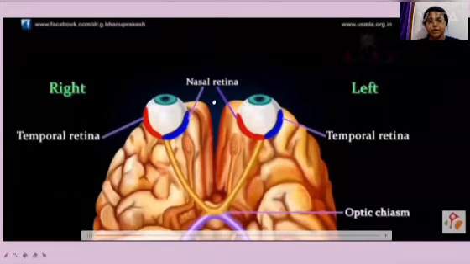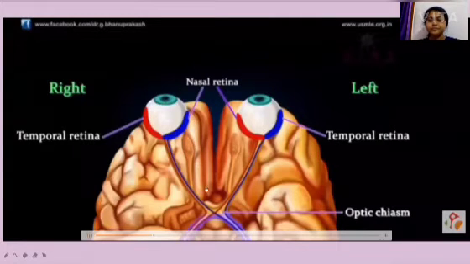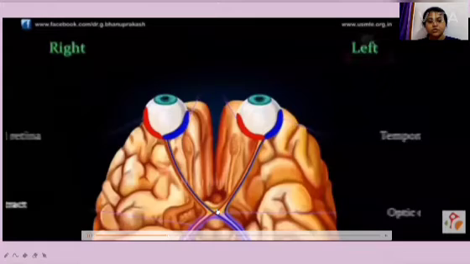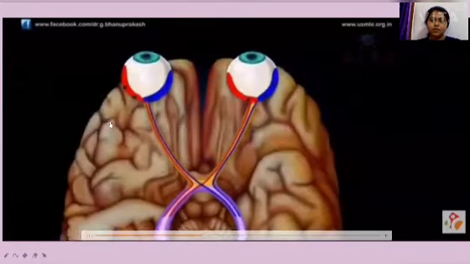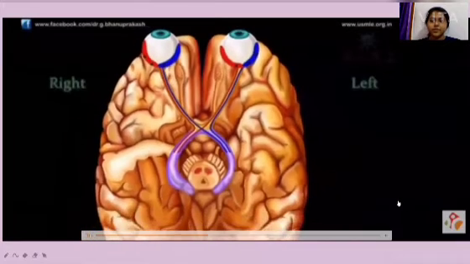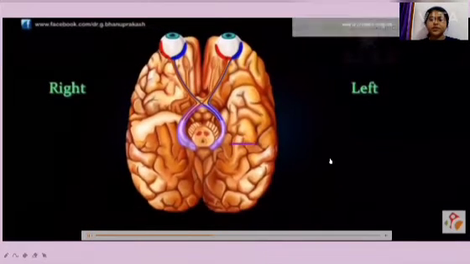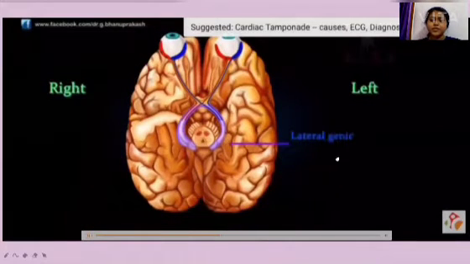Here the left visual field goes via the right optic tract, and the right field goes to the left optic tract. The optic tract then goes to the lateral geniculate nucleus. Some goes to the superior colliculus, some axons go to the suprachiasmatic nucleus, and some to the pretectum.